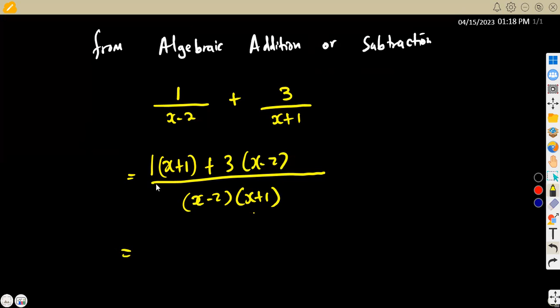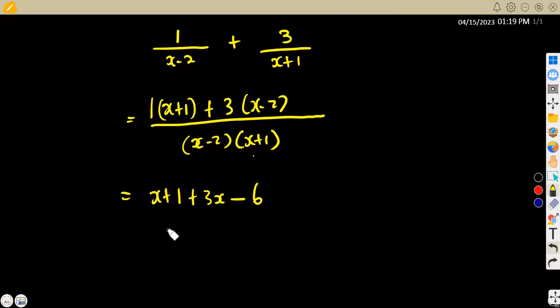Expanding our brackets, 1 is going to multiply everything in the bracket, which is x plus 1. 3 times x is 3x. 3 times negative 2 is negative 6. Everything is over the denominators, which is our LCM of x minus 2 into x plus 1.